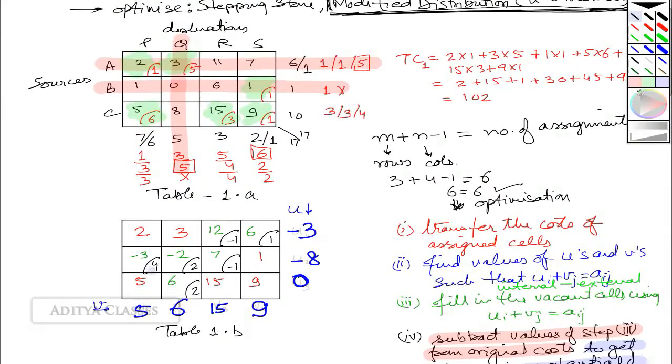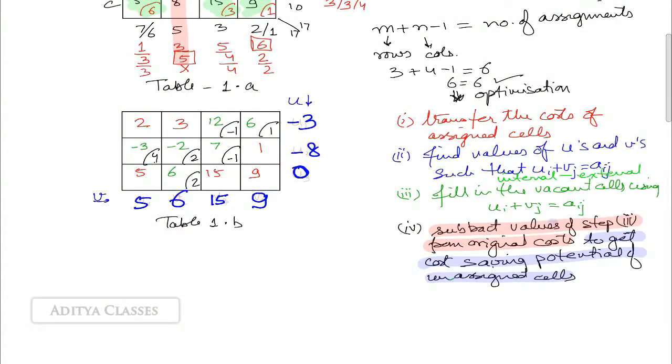Is that fine? This will be 4, 1 minus the new value. Similarly, this one will also be 0 minus minus 2, making it plus 2 only. Now, subtract values of step 3 from original costs to get cost saving potential of unassigned cells.